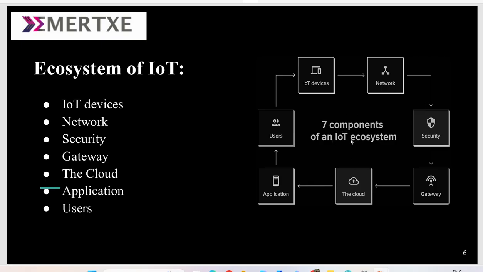There are 7 components of an IoT system. I built a home automation project. This includes IoT devices, network gateway and cloud to store the data, security, and application and users. In my project, Arduino acts as the device, Ethernet provides network connectivity, Blynk acts as the cloud and application, and the user controls everything by a mobile phone. This is called the ecosystem of IoT.